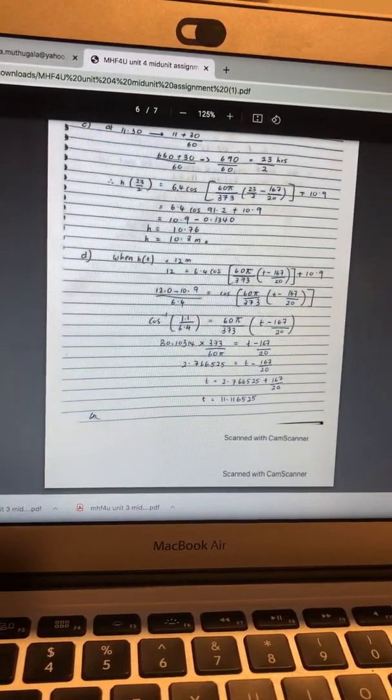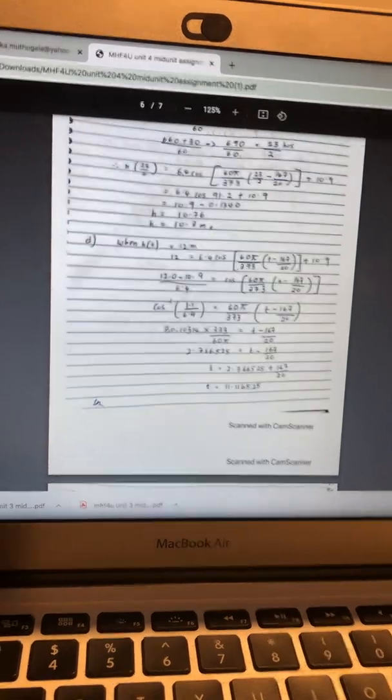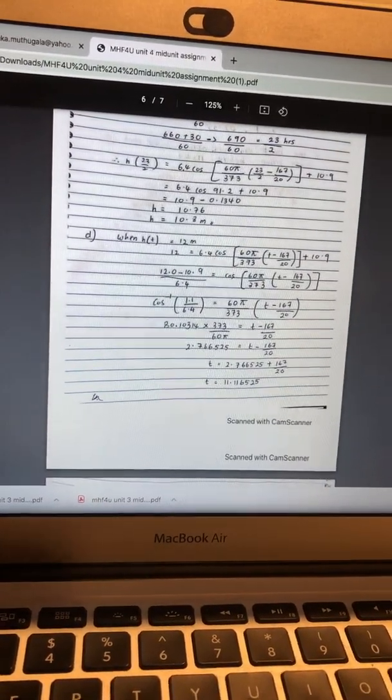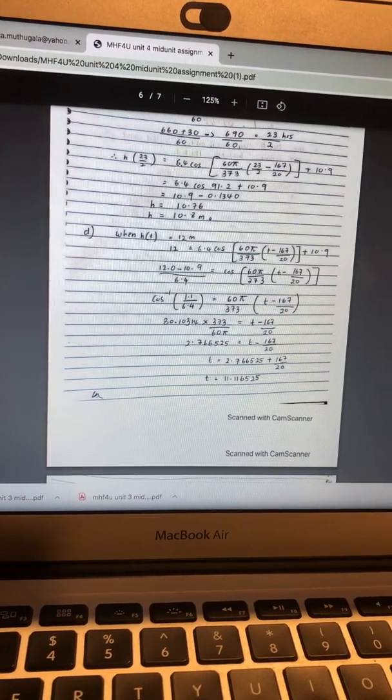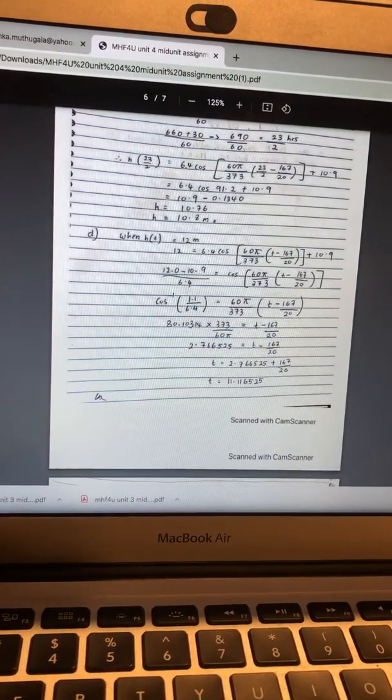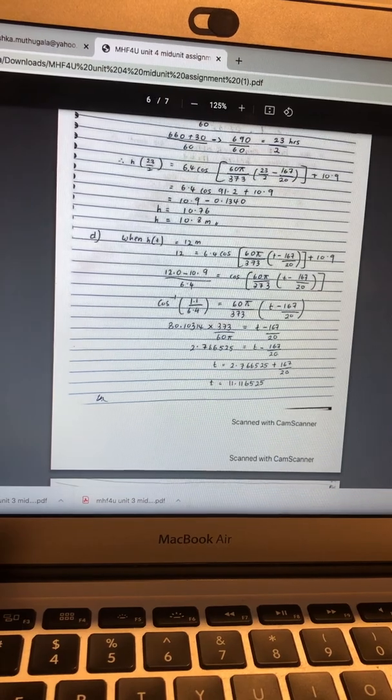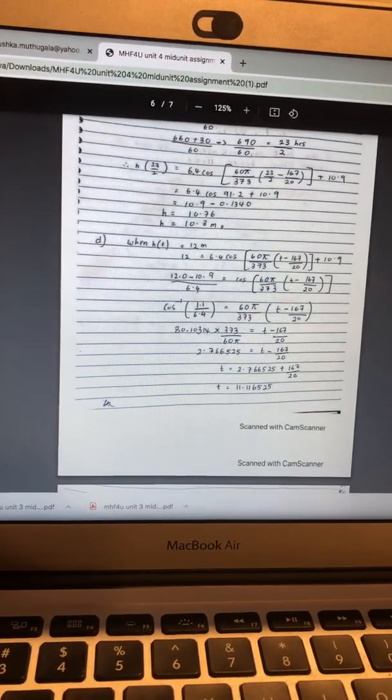Moving to part D, when H(T) is equal to 12 meters, 12 is equal to 6.4 cos bracket 60 pi by 373 within bracket T minus 167 by 20 closing bracket plus 10.9.